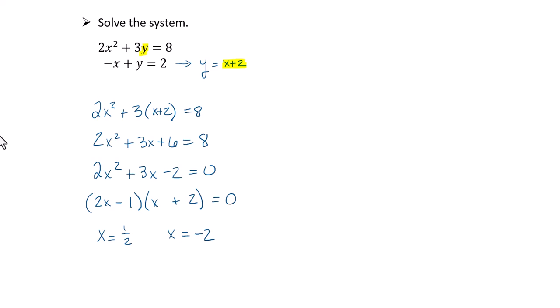Now, when we're solving this system, we need to recognize that these are going to be points in 2-space. So we need to have y's that pair with these x's. Let's start with x equals 1/2.